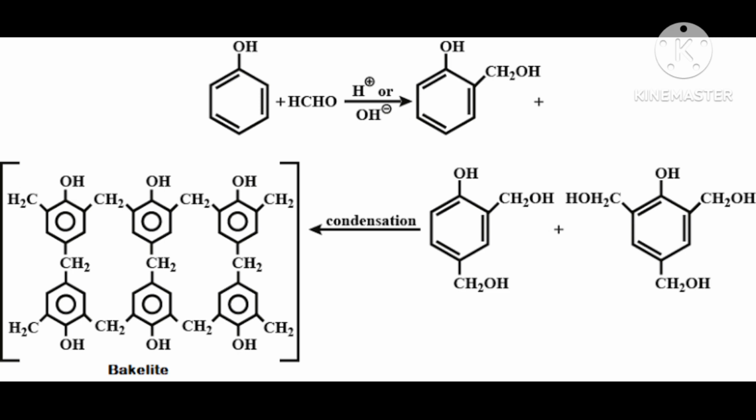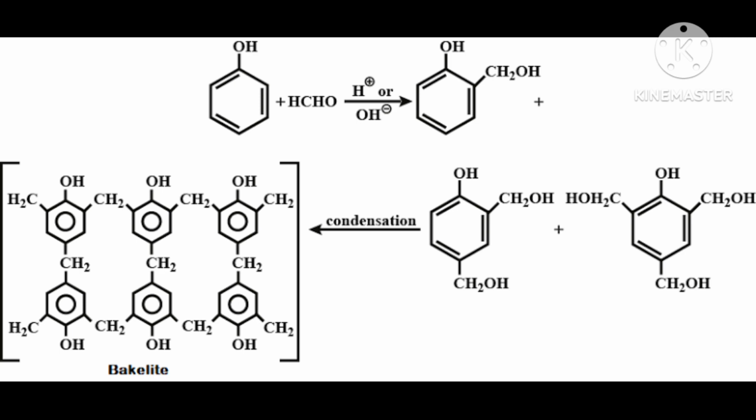Then that carbon will join with CH2O, and O will be negative, electronegative. Then that H which has gone from the benzene ring will join with O. Then you will get CH2OH.